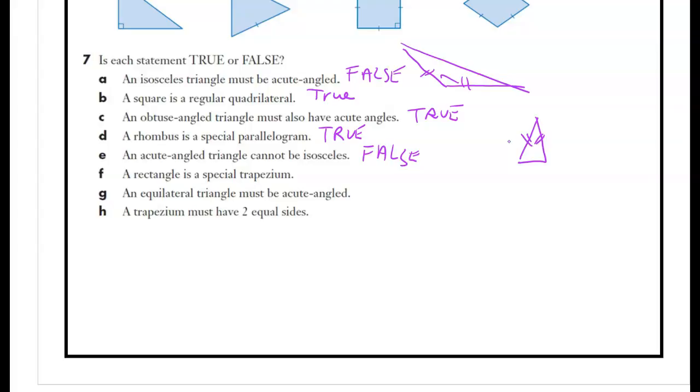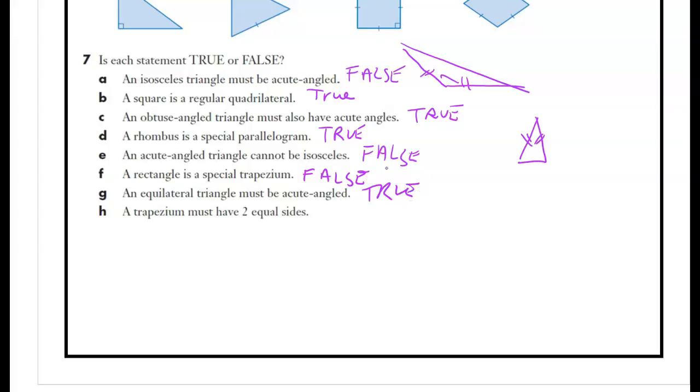So it depends on which definition you decide to go with. My thinking is just one pair of parallel sides. So my thinking is false, but some books will say that's true. I prefer false. An equilateral triangle must be acute angled, has to be, because all the angles are acute.